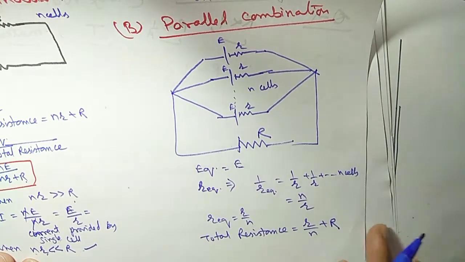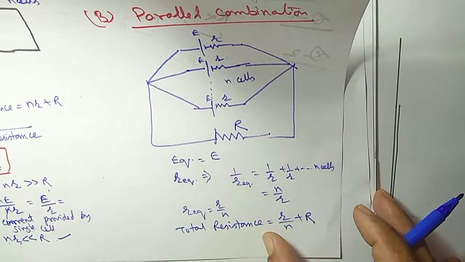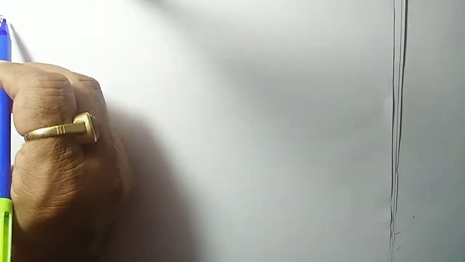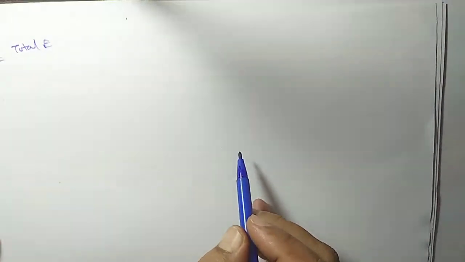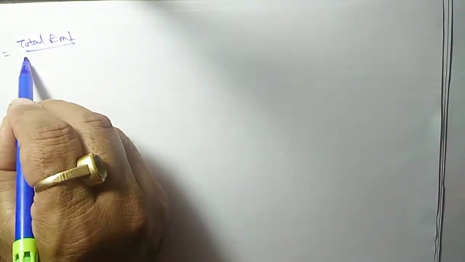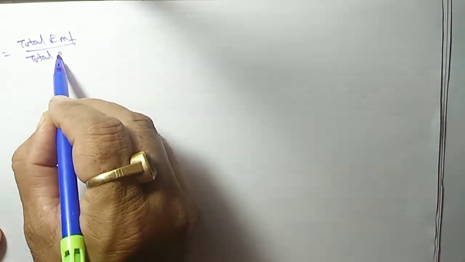Okay, now our target is to find the maximum current. So see, what is the maximum current? You know, the current is equal to total EMF upon total resistance.